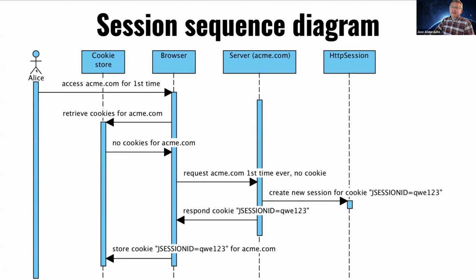So for instance, here Alice comes in, and she uses the browser to navigate to, say, acme.com. This is Alice's first time going to acme.com, and if the browser is configured to support the cookies infrastructure, or the cookies protocol, what the browser will do is check its internal file system, a data structure that it maintains in a file that we're going to call the cookie jar.